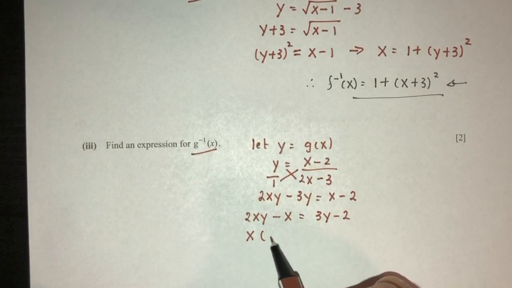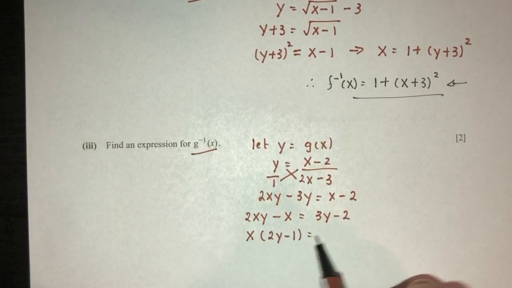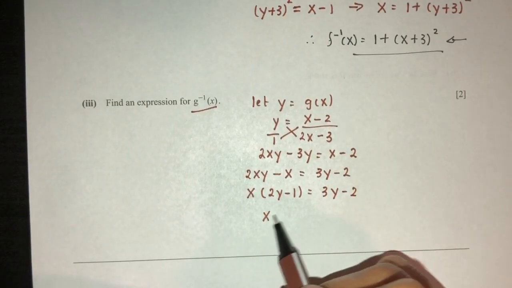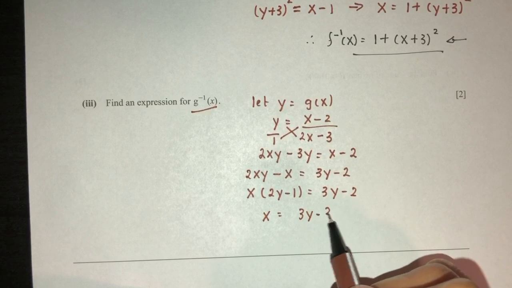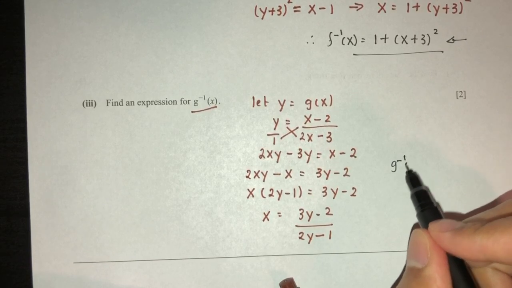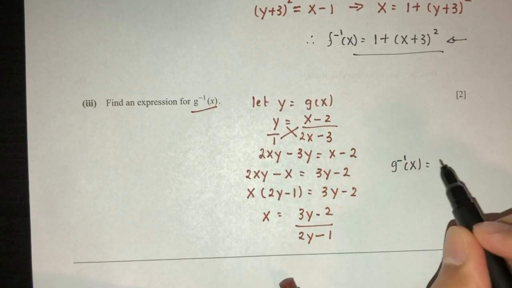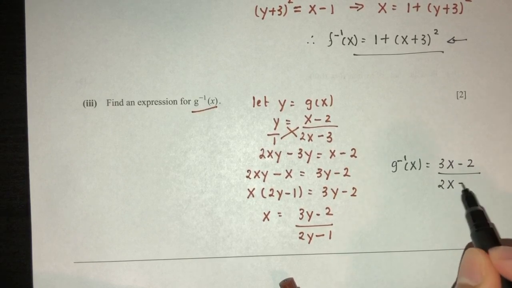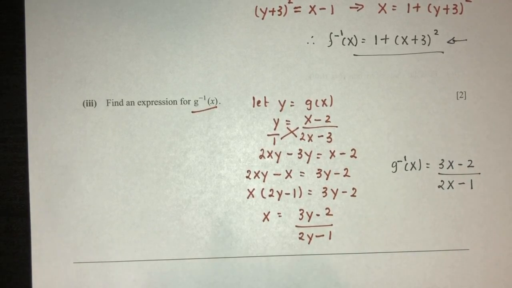If we take x outside, you will have x times 2y minus 1 is equal to 3y minus 2. Now x is equal to 3y minus 2 divided by 2y minus 1. And now, as always, we have to replace back the value of x in the equation. That will be 3x minus 2 over 2x minus 1. That is for g inverse.